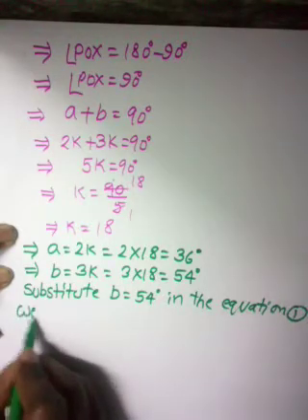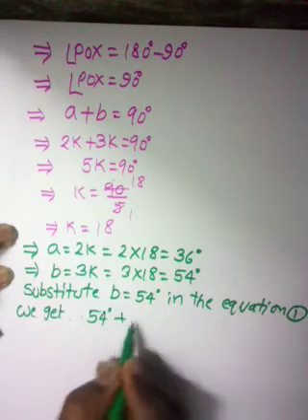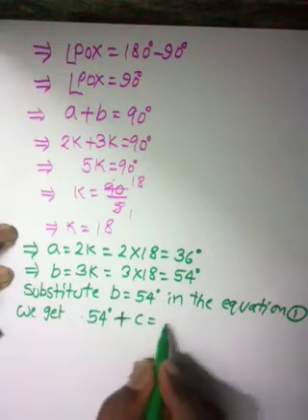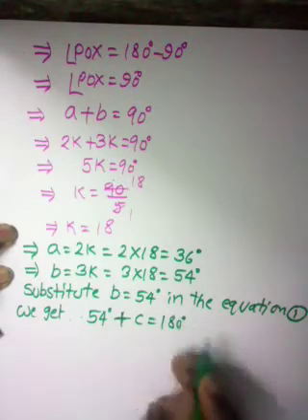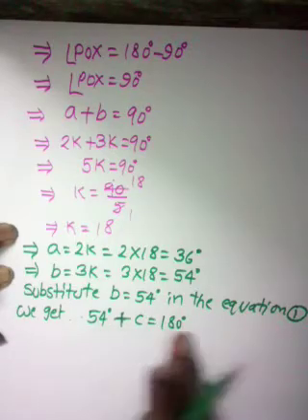Then what will we get here? 54 degrees plus c is equal to 180 degrees. In the equation 1 we substituted b value. Understood this step, my children?